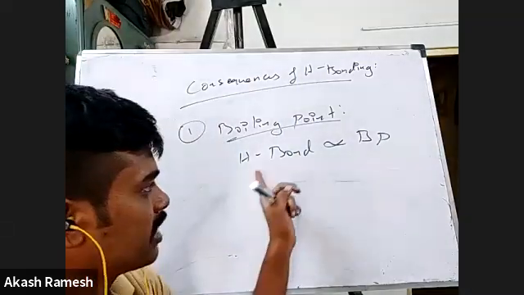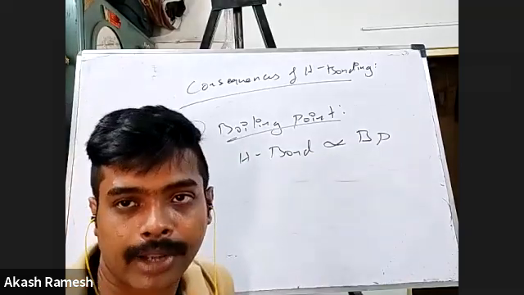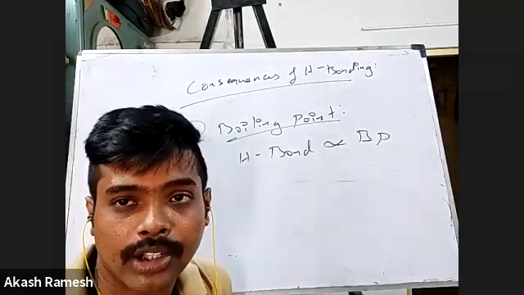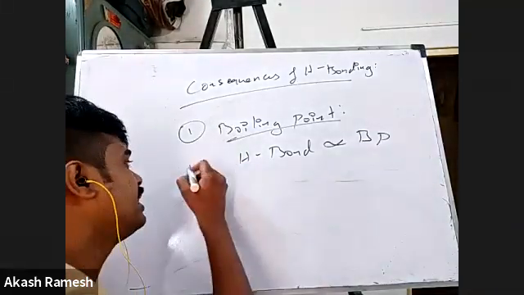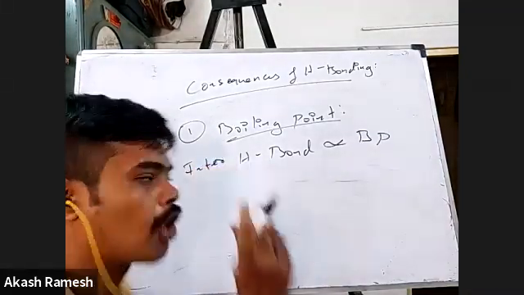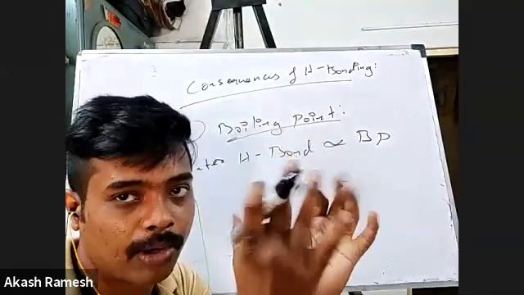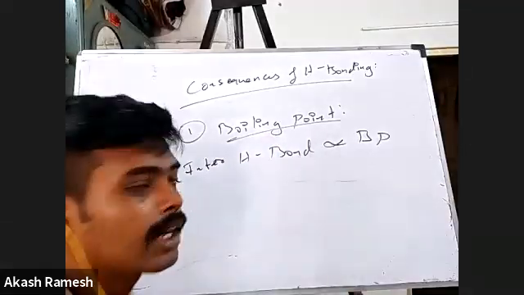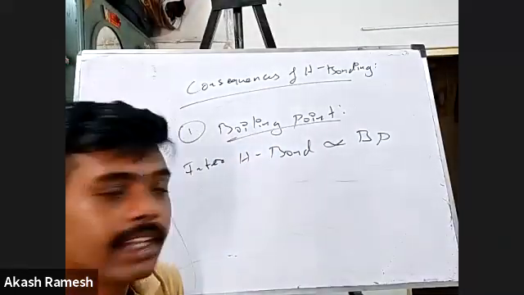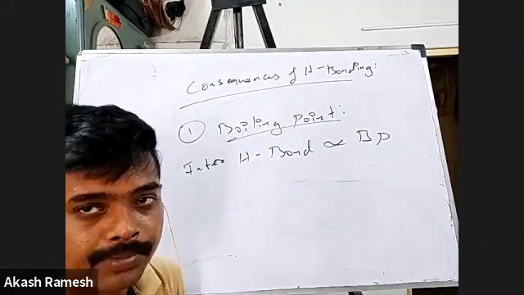That is why whenever you have hydrogen bonding, there is definitely an increase in boiling point, especially intermolecular hydrogen bonding. We are talking about two molecules hydrogen bonded, not inside the same molecule.